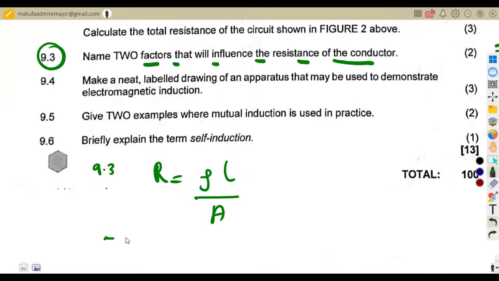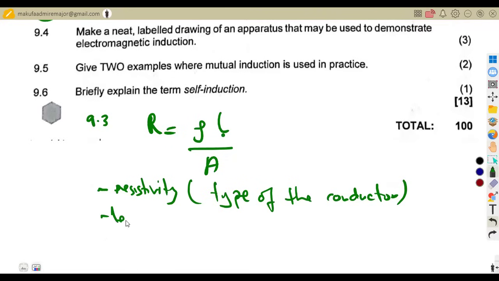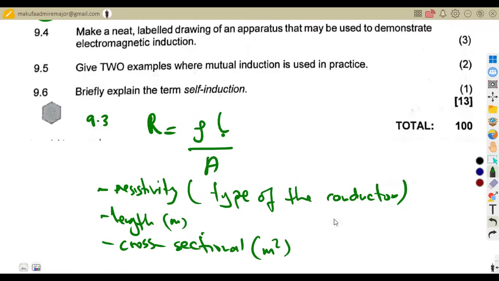Then the length of that same conductor. Then the cross-sectional area of the conductor. These are the factors: the length in meters, the cross-sectional area in square meters.